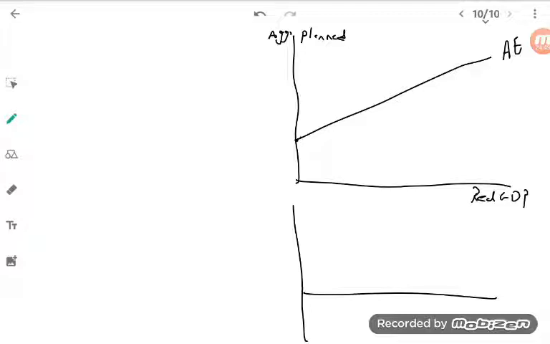And just like consumption, there is a 45-degree line, which is an income line. And this is 45 degree.